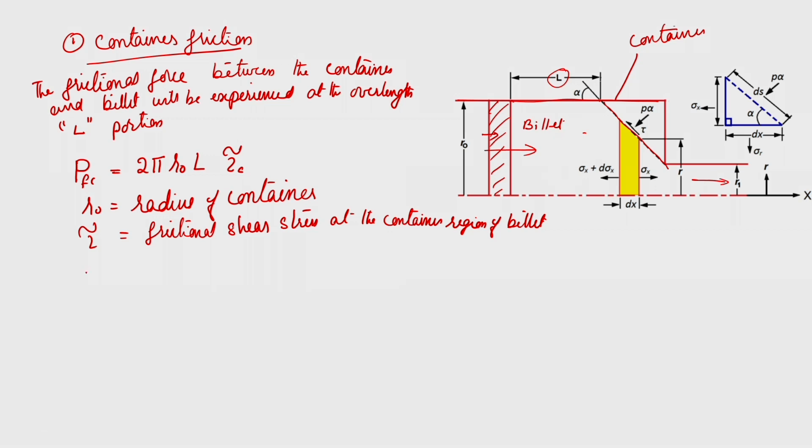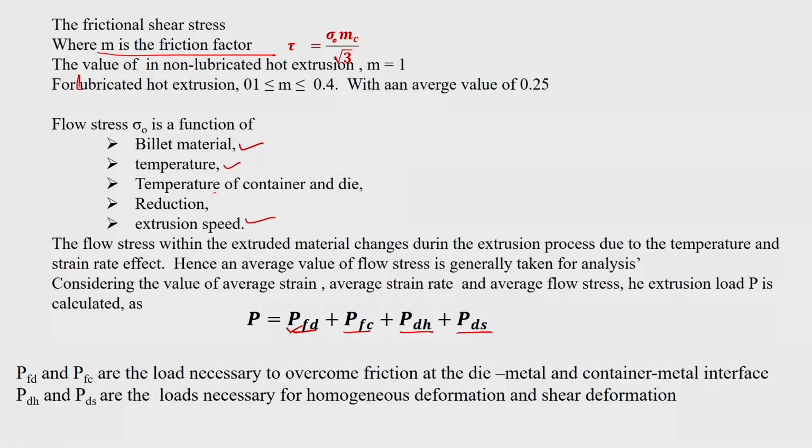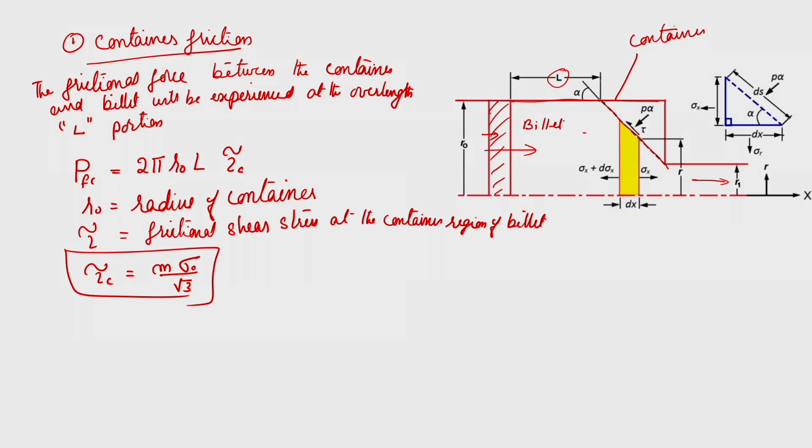Normally this tau c is equal to m into the uniaxial flow stress by root 3, where m is the friction factor we have discussed. For non-lubricated hot extrusion it is 1, and for lubricated hot extrusion it gets reduced, so m will be 0.1 to 0.4.